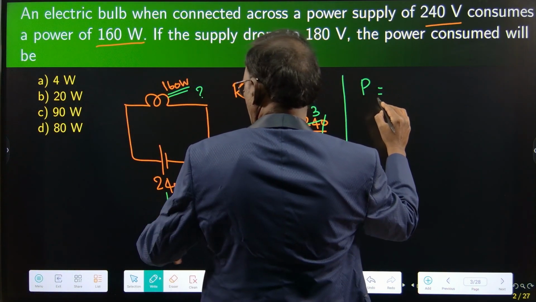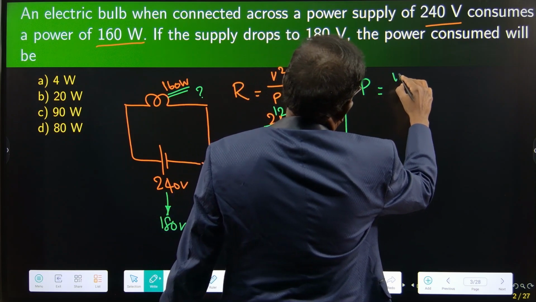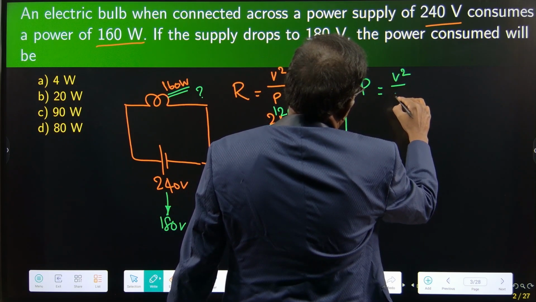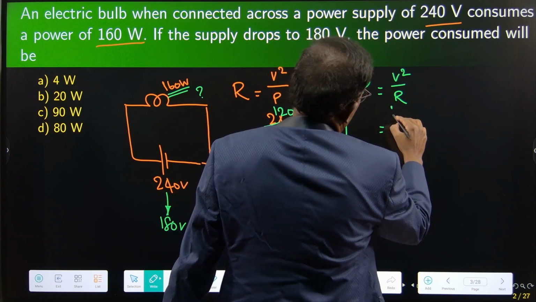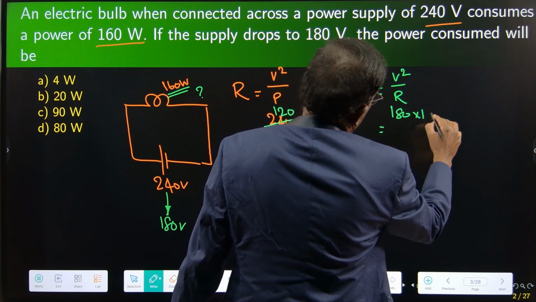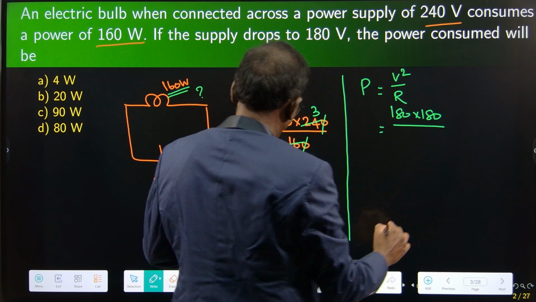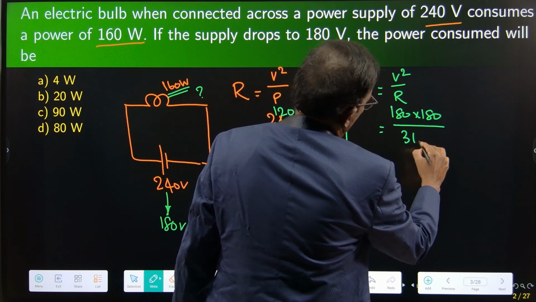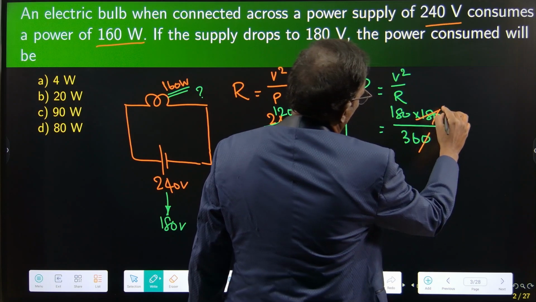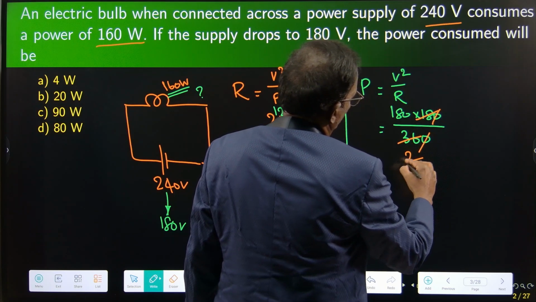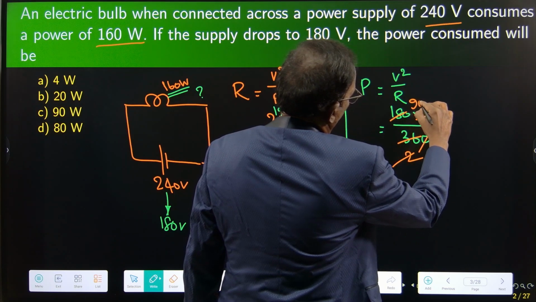For the reduced voltage, instead of 240, it is 180. 180 into 180 divided by 360. So this is 0, 18, 36, 90.